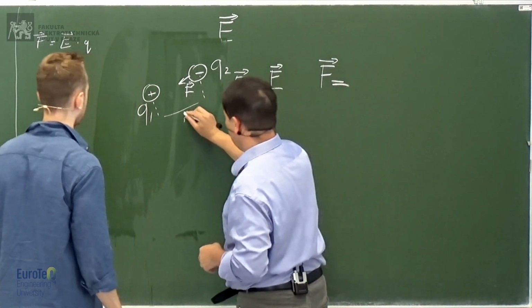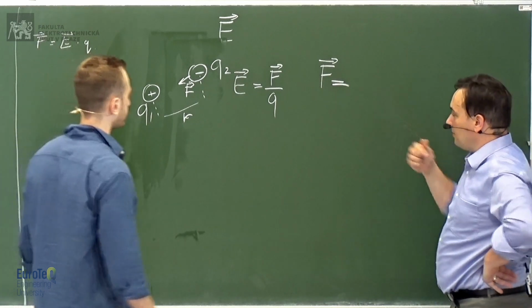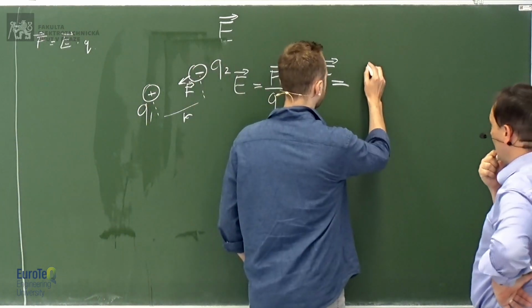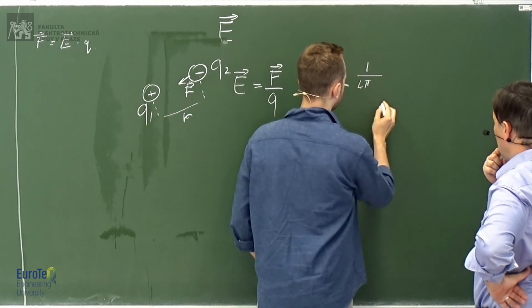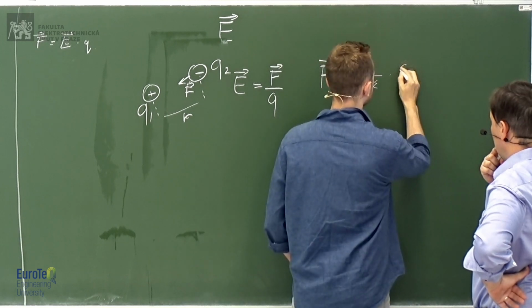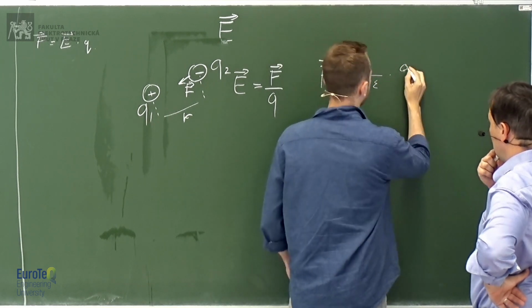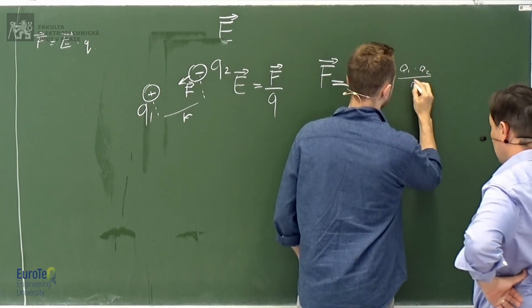You call the distance R. So how large is this force? There's a constant, which I think is 4 pi, and then the electric permittivity epsilon 0, and then Q1 multiplied by Q2 over the radius squared.